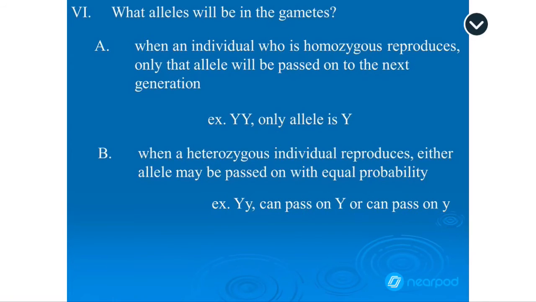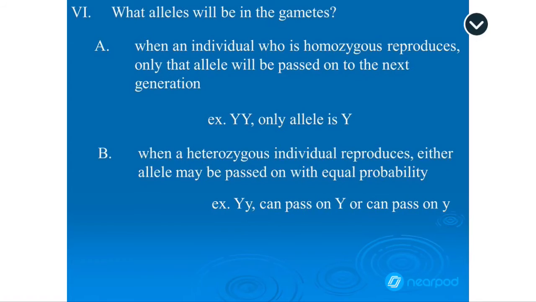And so what alleles are going to be in there? Back to the genetic part. So if an individual is homozygous, we don't even have to worry about any kind of probability or Punnett squares or anything like that, because that's the only gene they can give. So if an individual is homozygous dominant for yellow seeds, big Y, the only allele they're ever going to pass on is big Y. Where we have to do some kind of analysis or figure things out is whenever one or both parents are heterozygous.